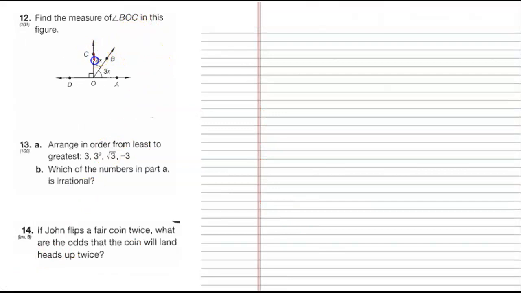BOC, so BOC is right here. What I know is that this is 90 degrees because this is 90 degrees. So I know for 12, 2x plus 3x is equal to 90.